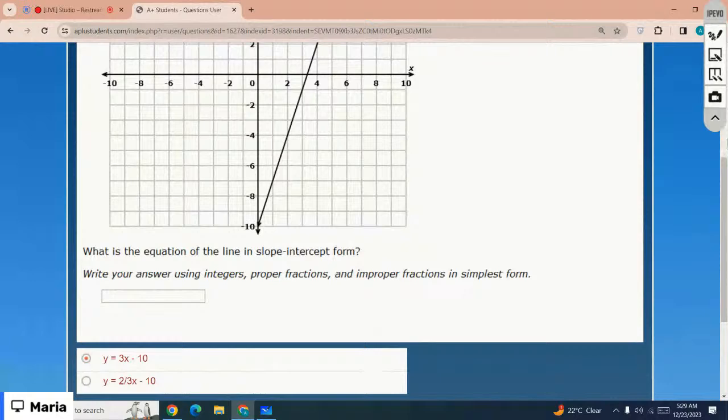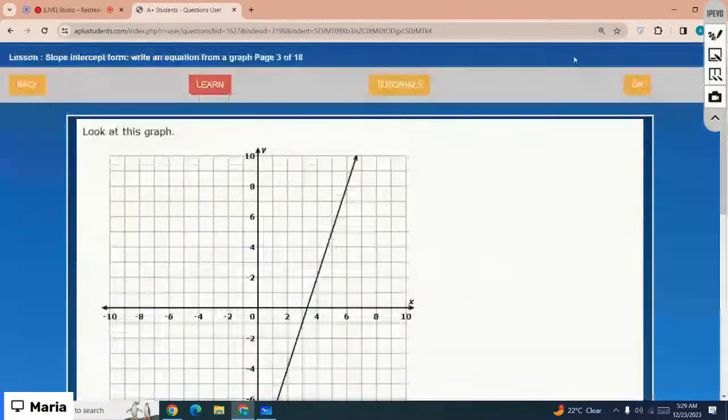Because the slope is 3 here, right? So that would be y equals 3x then.